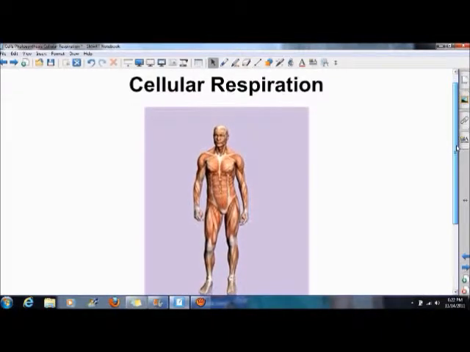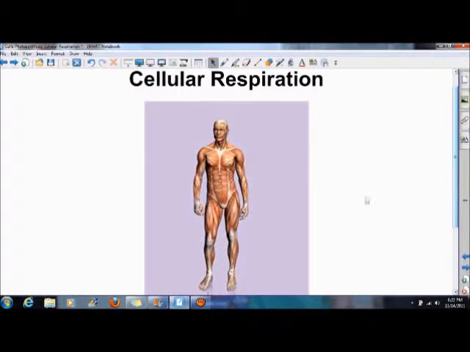All right, quick picture here. You can just draw a stick figure. Mine's a little more advanced. I'm a pretty good artist. You guys can just draw a stick figure. Remember, we are going to take in oxygen, so let's put O2. We're also going to take in our food or our sugar, which is glucose, C6H12O6.